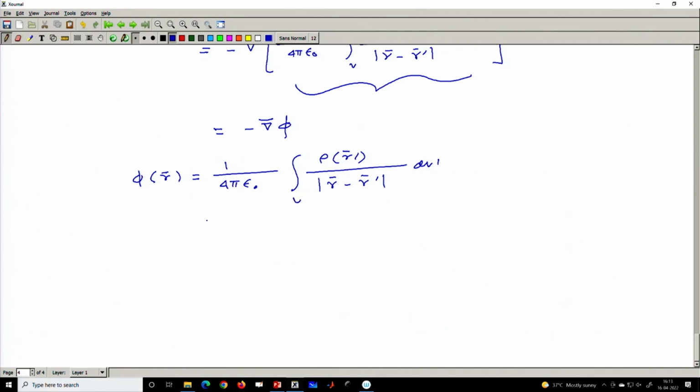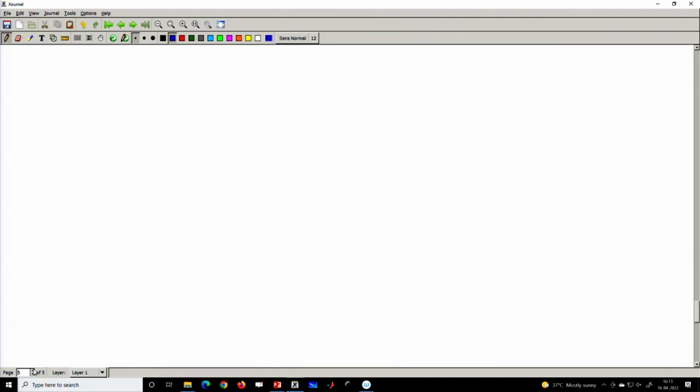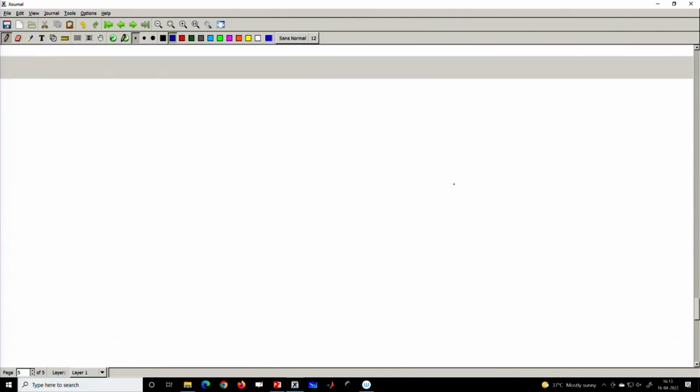So, this is the electrostatic scalar potential, or simply electrostatic potential.